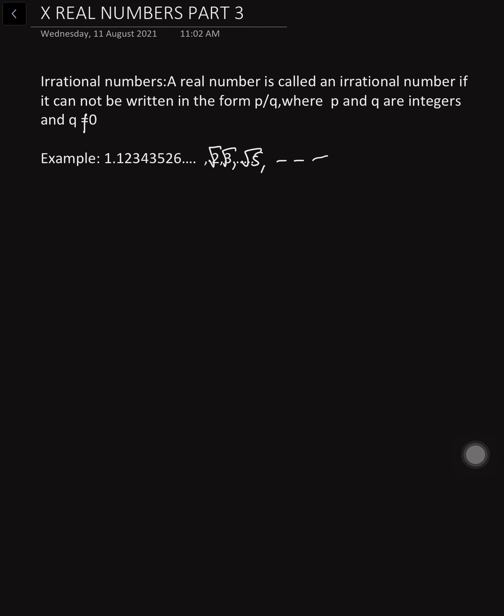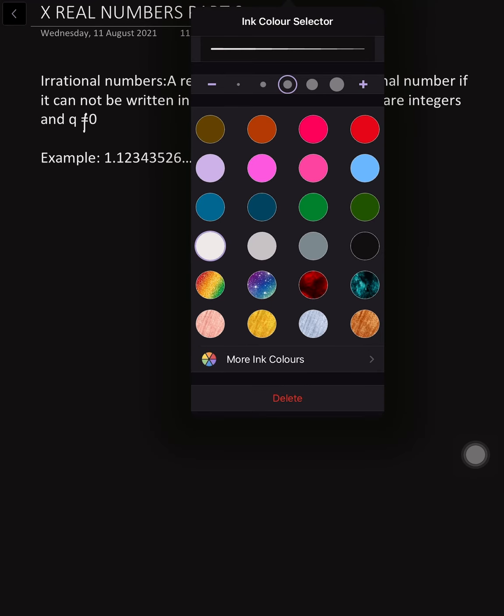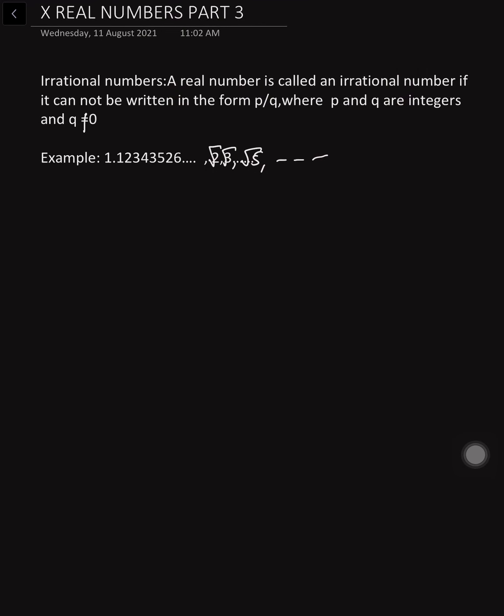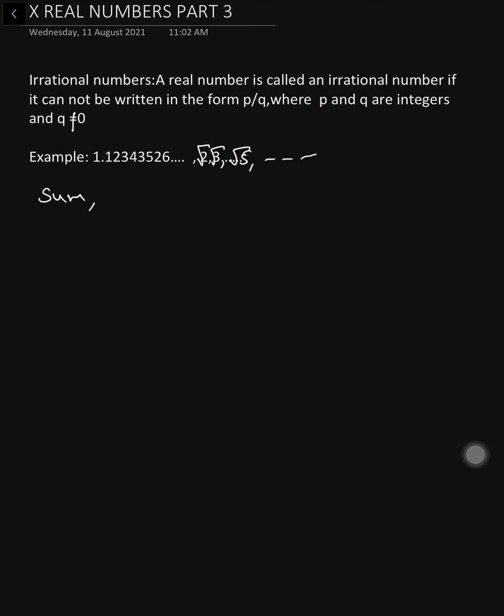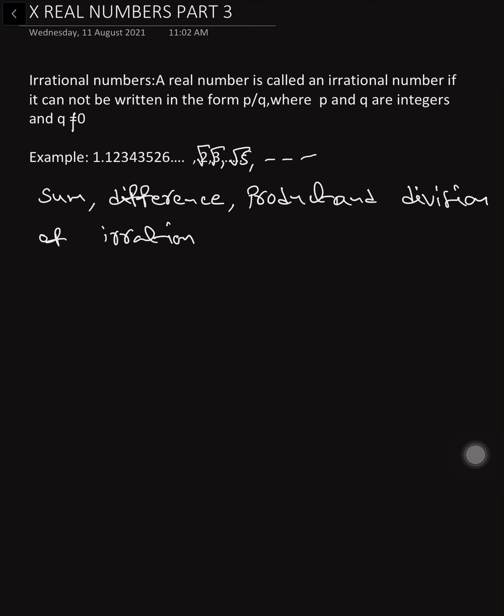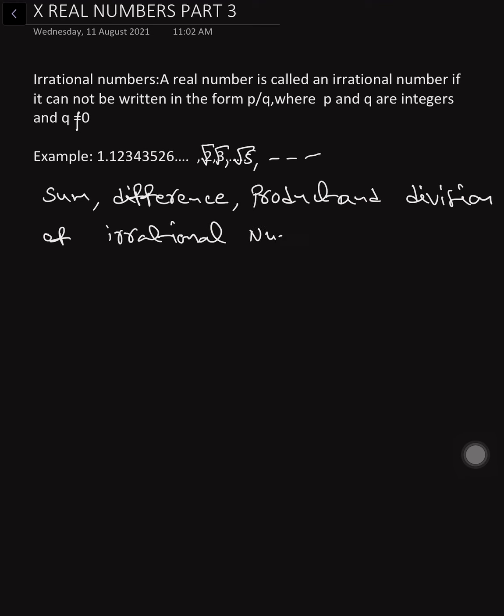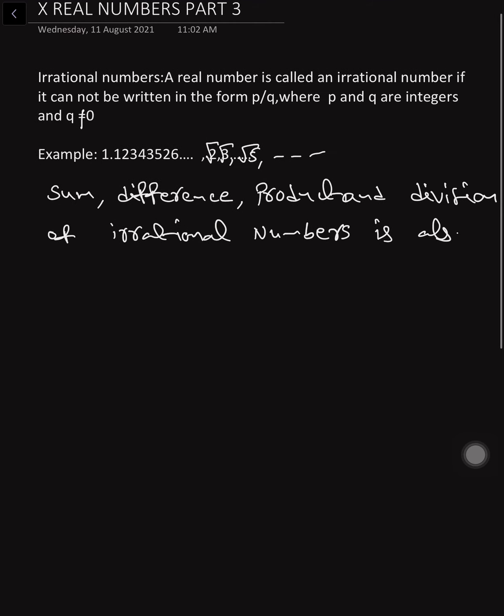Properties of irrational numbers. The sum, difference, product, and division of irrational numbers is also an irrational number.